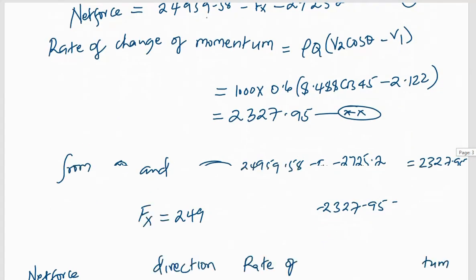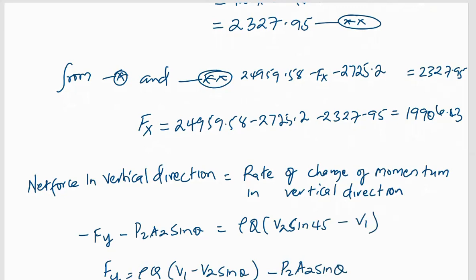And if we look at the two, from equation star and star star, then when we solve for Fx, our value would come to Fx equal to 19906.43 Newton. Then this is the force on the bend in the x direction.